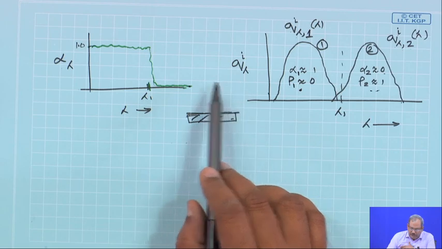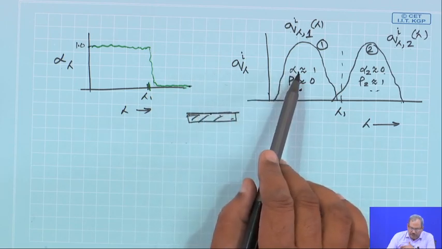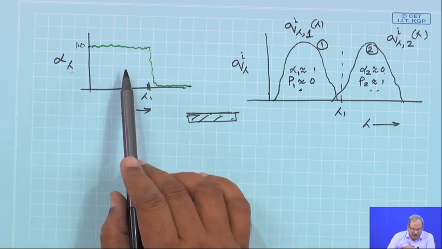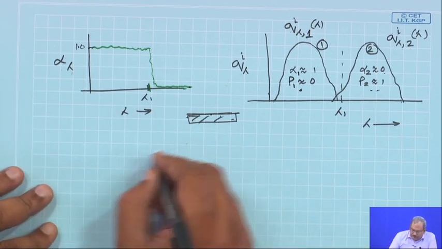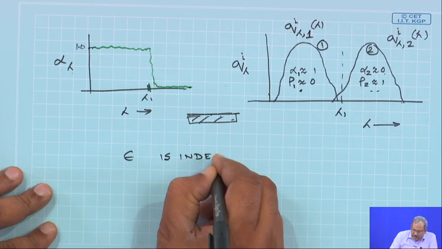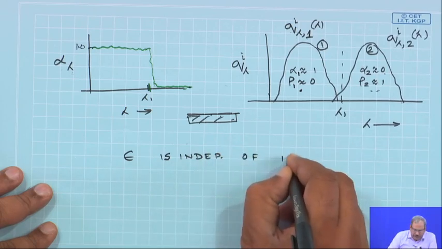Based on the irradiation field, your values of alpha lambda are drastically different, and the value of epsilon on the other hand is independent of irradiation.